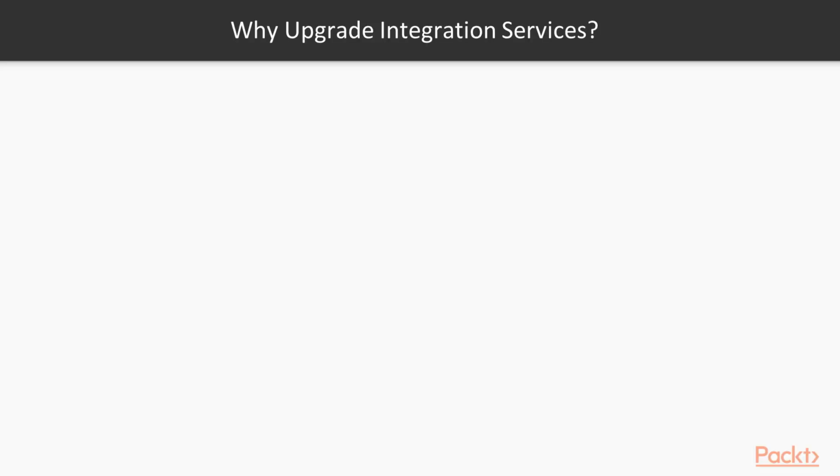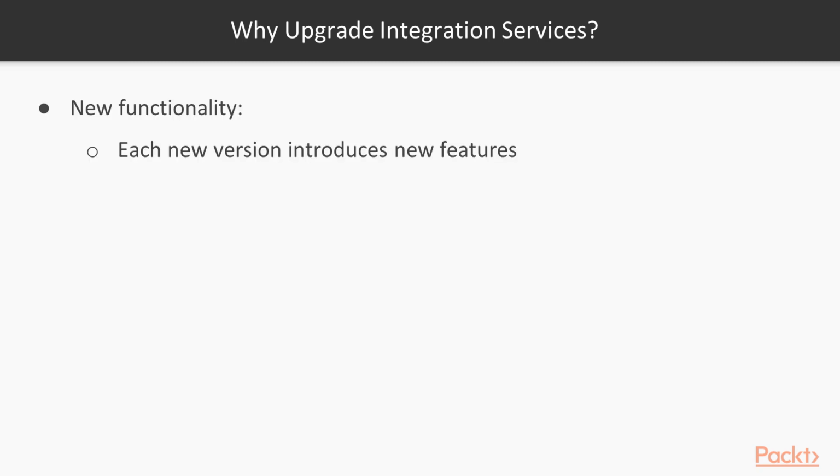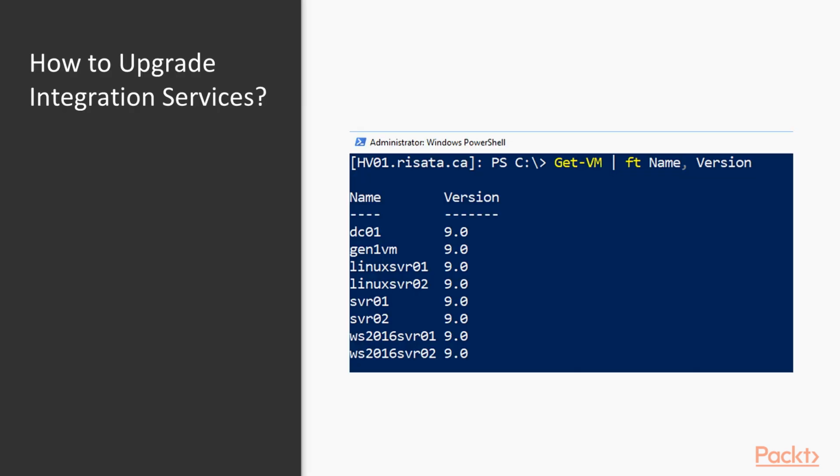So why would you consider upgrading integration services? Fundamental reason is to get new functionality. Every time Microsoft updates integration services, they can introduce new functionality as well as security updates. Microsoft has done a lot of work to make it easier to upgrade the integration services.